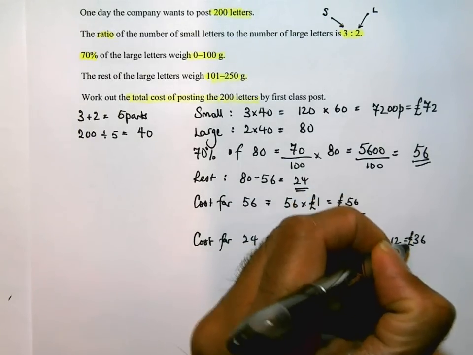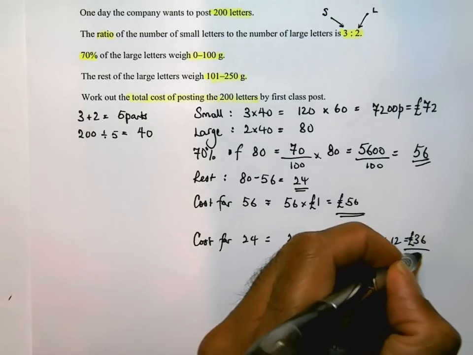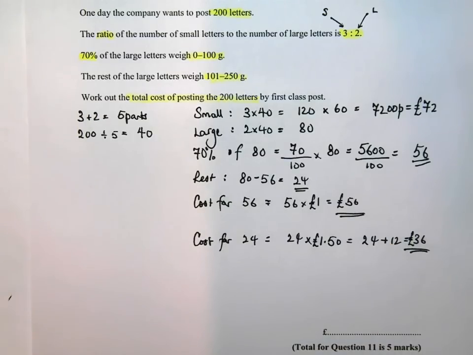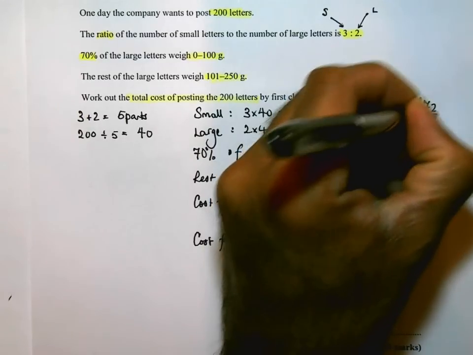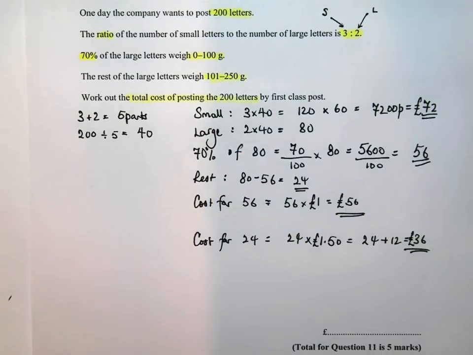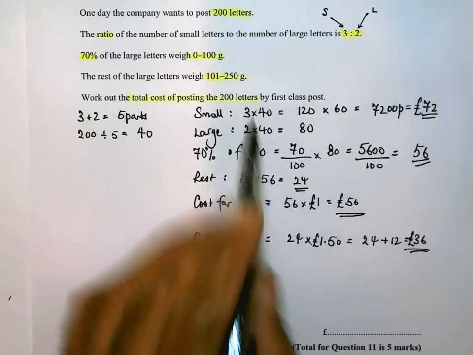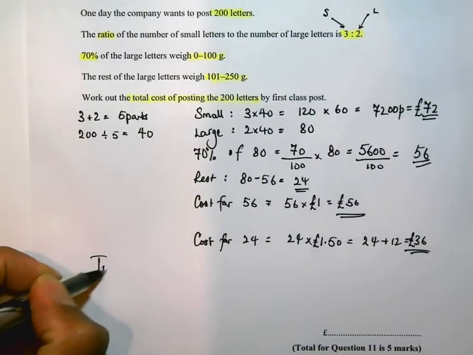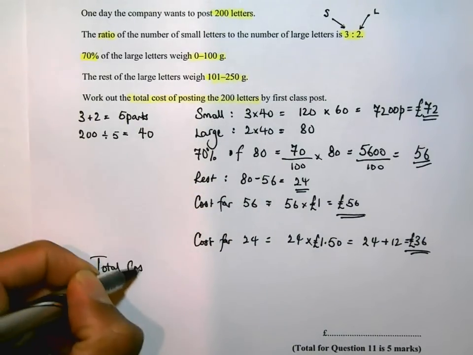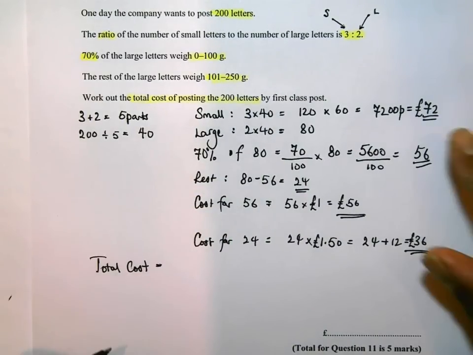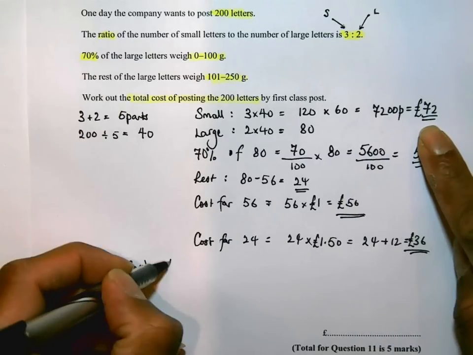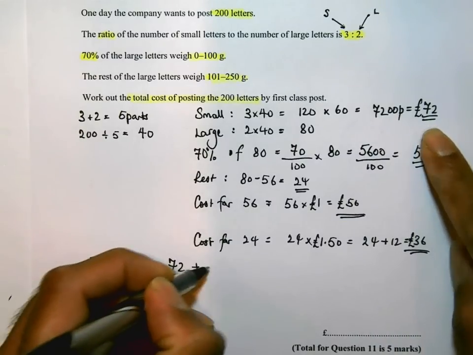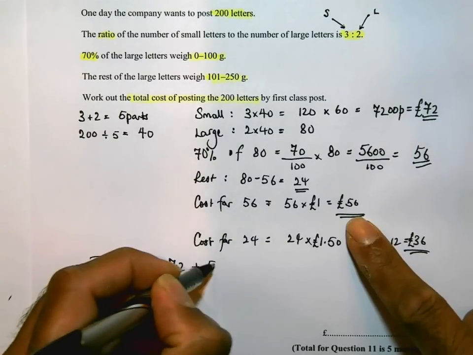I've got three numbers now that I need to use to help me work out the total cost of posting the 200 letters. So the total cost is going to be 72 plus 56 plus 36.